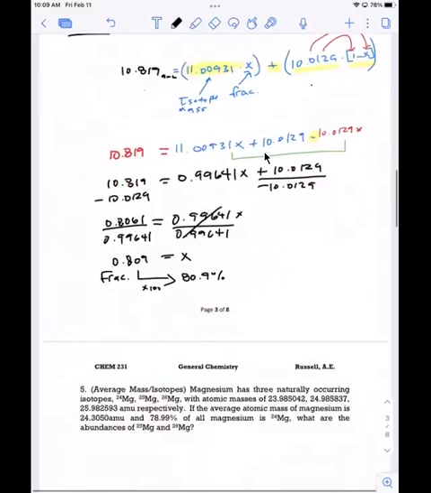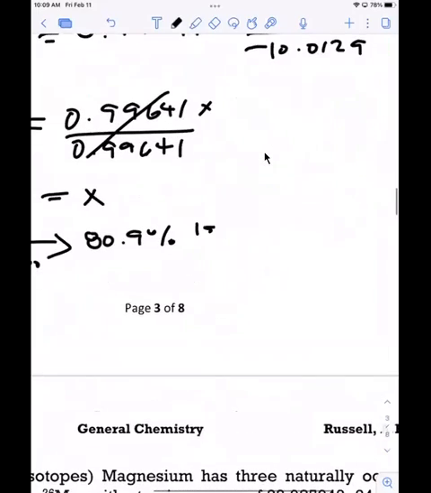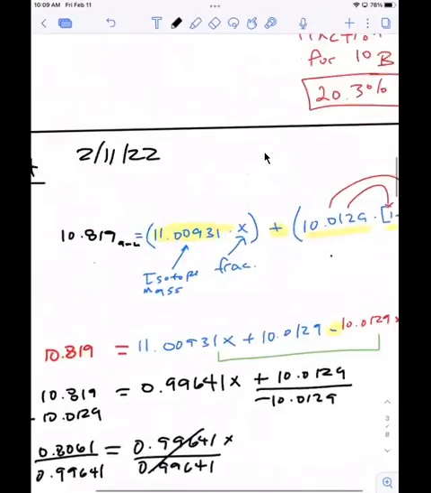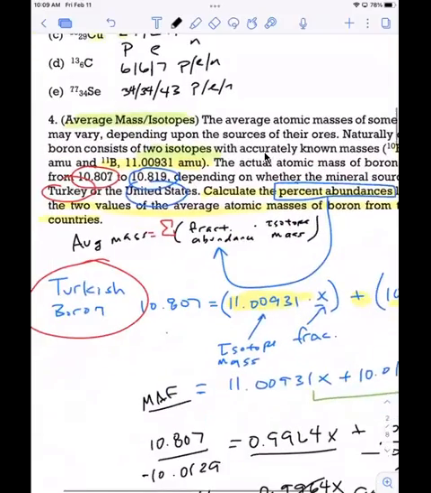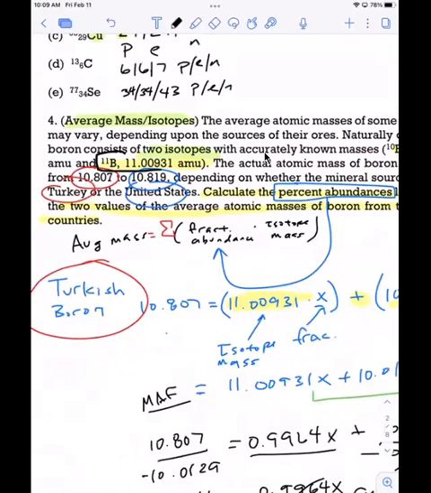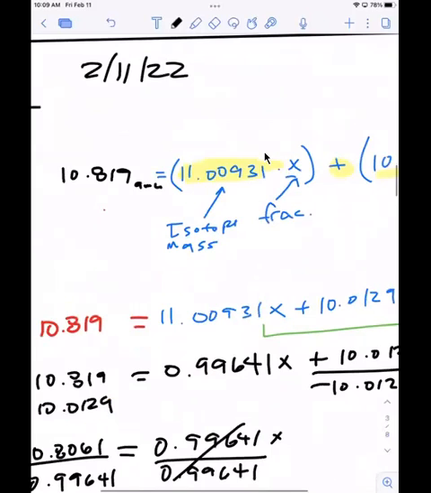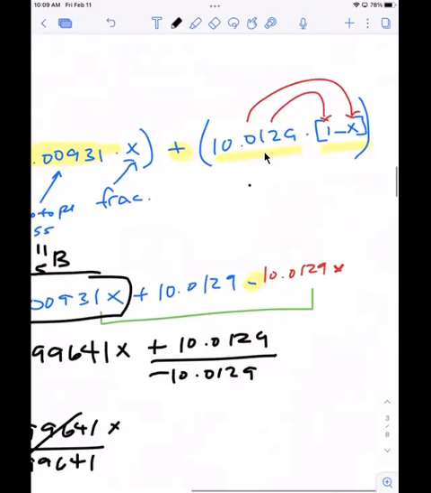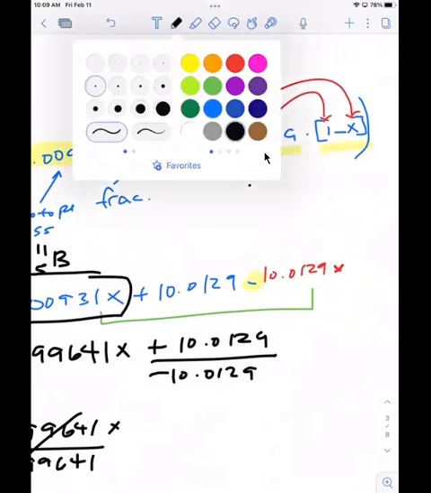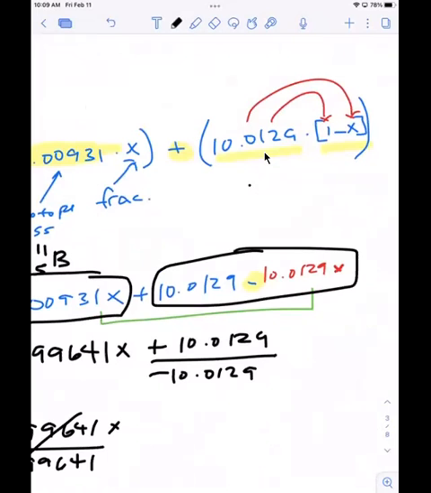is B11. Because remember, let's go back to the beginning of the problem. It said that boron 11 had a mass of 11.00931, and that's the term that we made the X term because it was the closest to the average mass, right? So this is the term right here for B11, and then this is the term for B10.